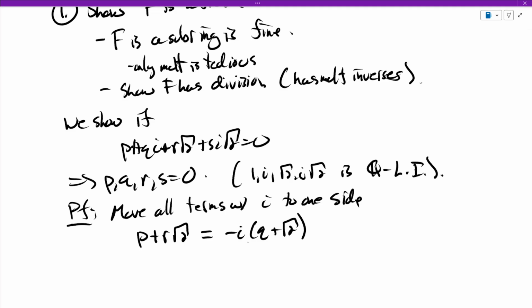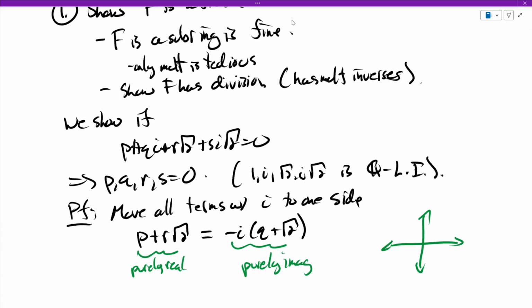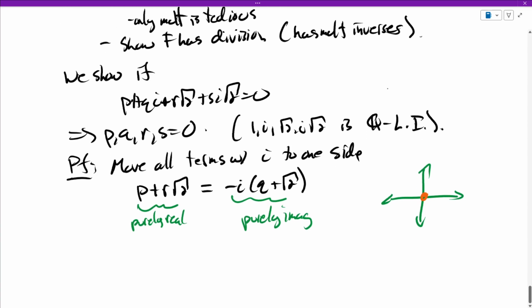The right-hand side is purely imaginary, and the left-hand side is purely real. The only time the real and imaginary axes intersect is at 0. So the only purely real and purely imaginary number is 0. So that implies p plus r root 2 is 0, and q plus s root 2 is 0. The real and imaginary parts both have to be 0.